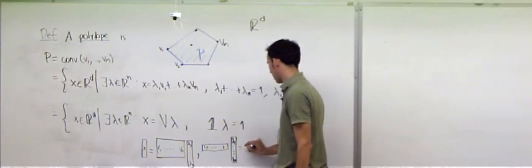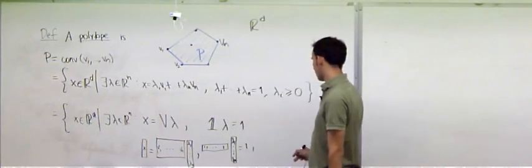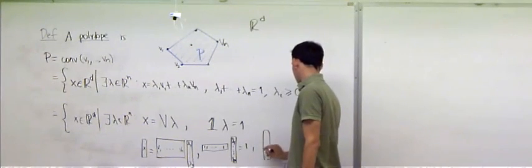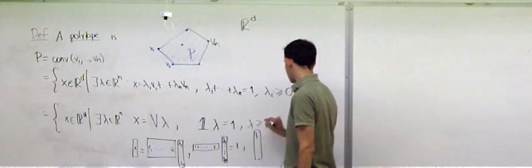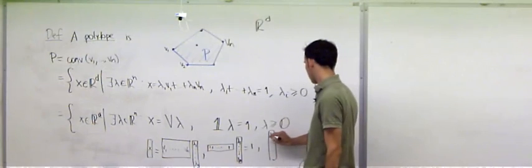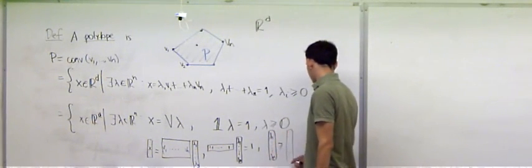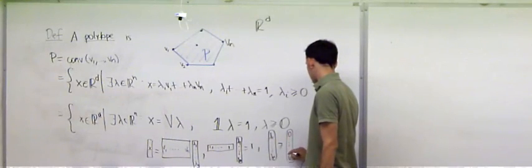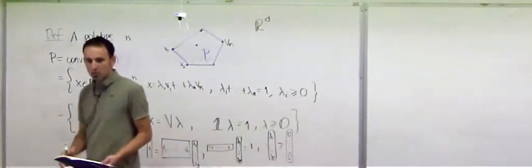And so when I do this times this, I get lambda 1 plus lambda 2 up to lambda n. And then this I can write like lambda greater than or equal to 0, where I'm thinking of this 0 with a little line on it as a column vector. So you see, I'm writing the same thing. I'm just changing the notation a little bit.